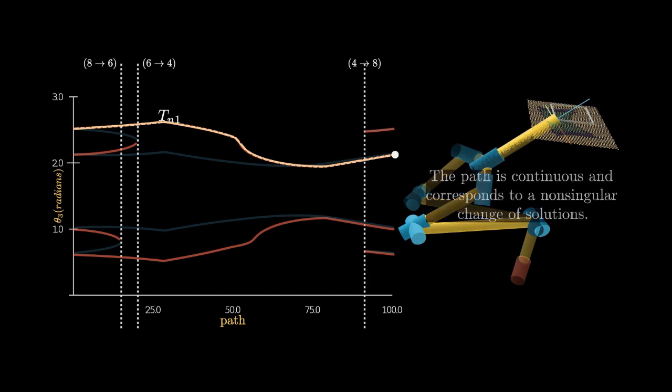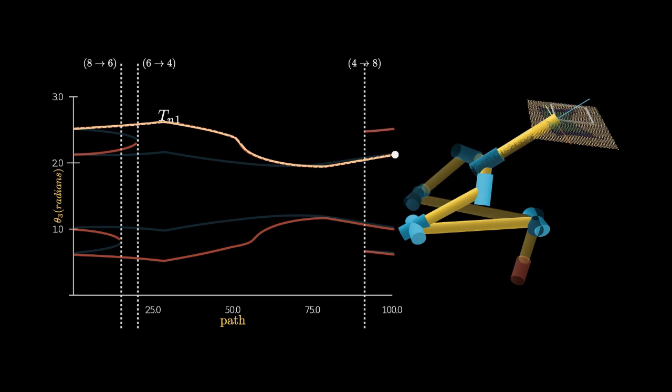But notice that we are completing a loop and coming in a different joint configuration, and this path is not repeatable because the end of this path corresponds to a starting path which cannot lead to a continuous path for following the closed loop. Such non-singular change of solutions are a property of cuspidal robots and by definition cannot happen in non-cuspidal robots.